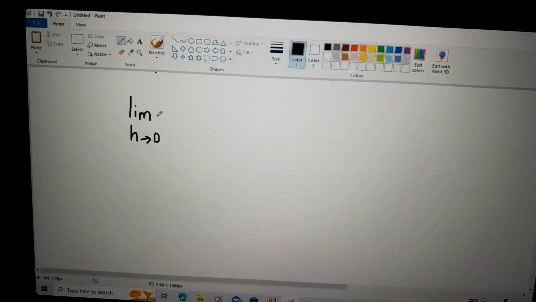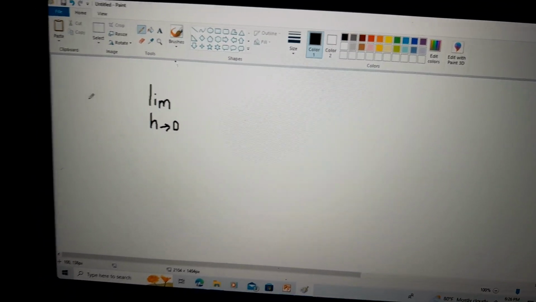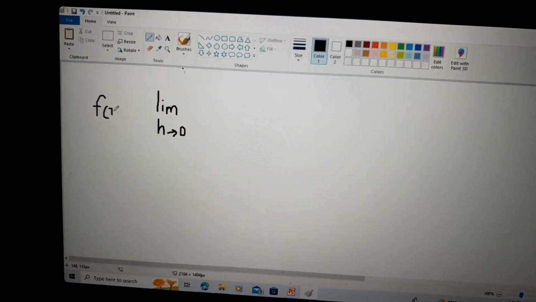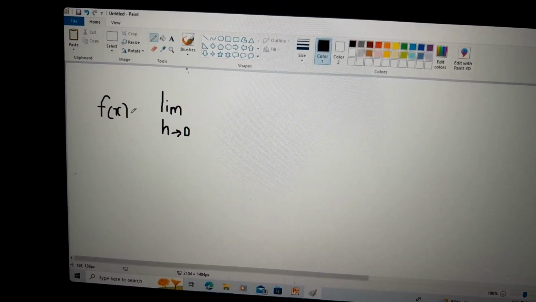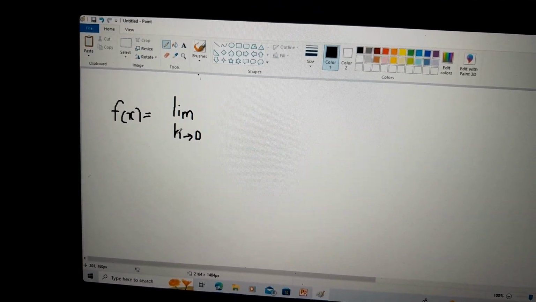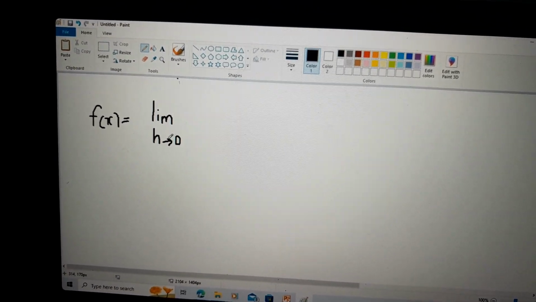So the formula for the derivative of f of x is the limit, and we read this as the limit as h approaches 0.